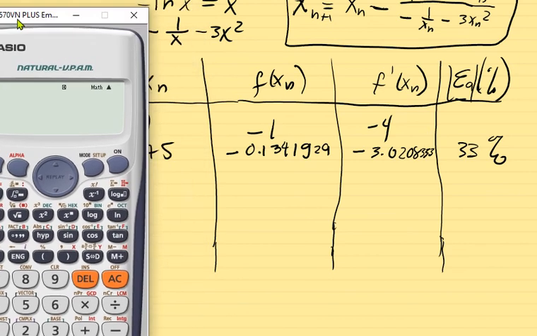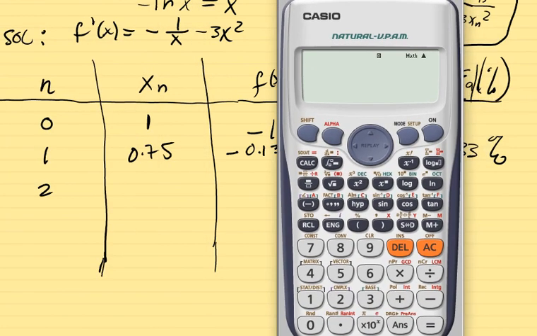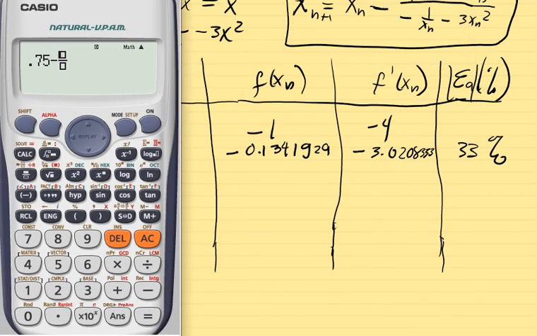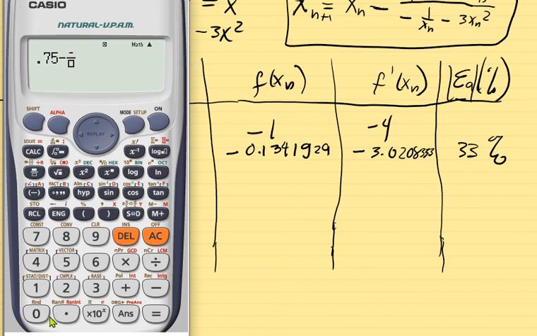So xn, our last value for xn, 0.75, minus f of xn, and that is negative 0.1341929 all over f prime x, negative 3.0208333.